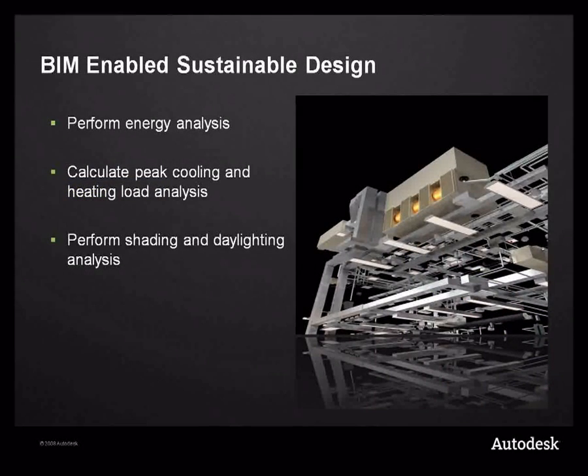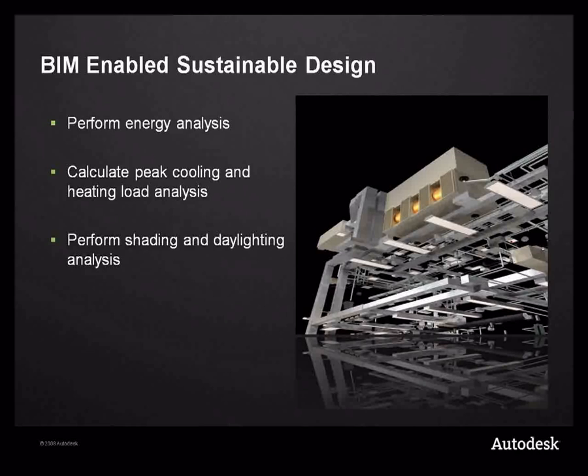Building information modeling is used for sustainable design because it makes it so much easier to do. Most information required by analysis tools that perform this type of design can be exported from the BIM model, thus saving the architects and engineers from manually inputting this information.